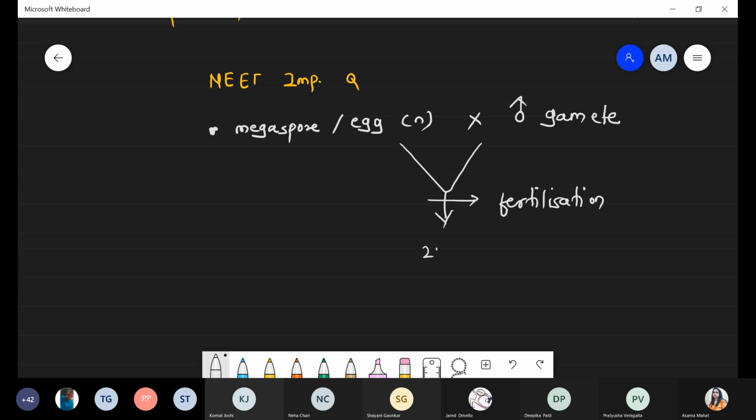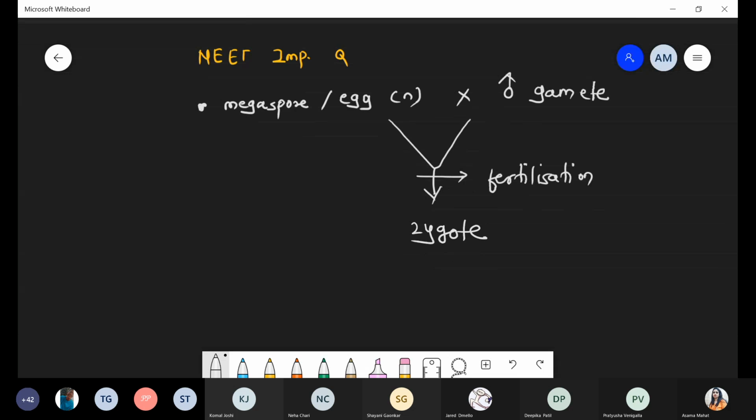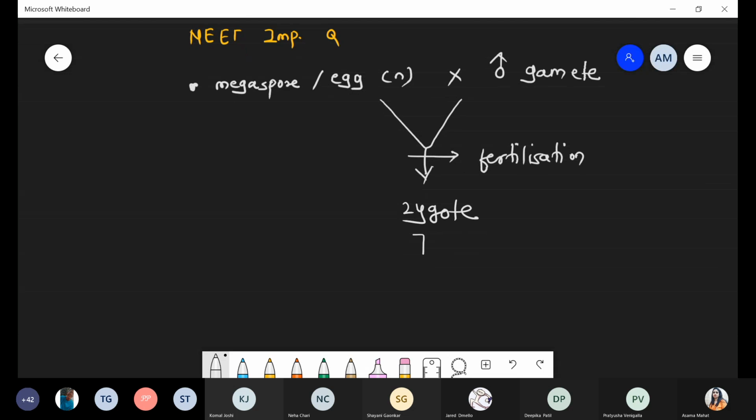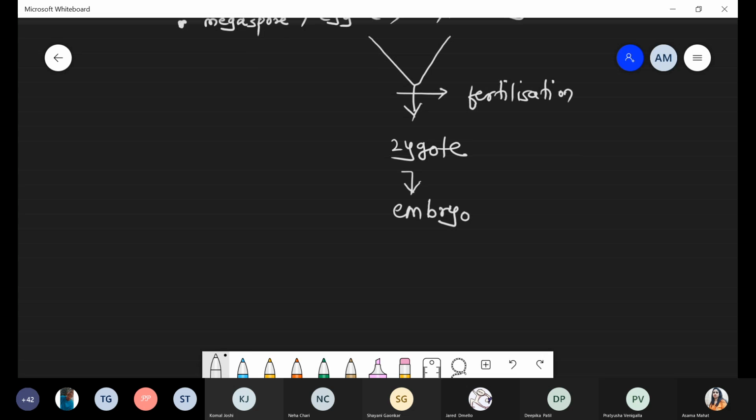After the zygote formation, slowly it is converted into an embryo. Further, you know very well, the embryo undergoes further mitotic division and forms a sporophytic body. But from this point of view, this embryo is converted into a seed, and that seed is a naked seed.